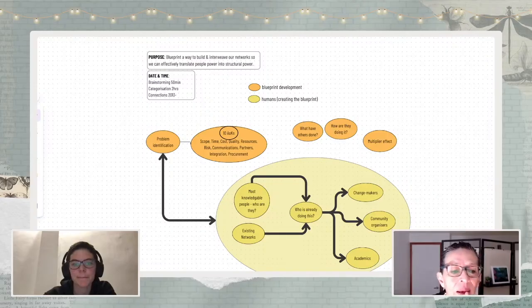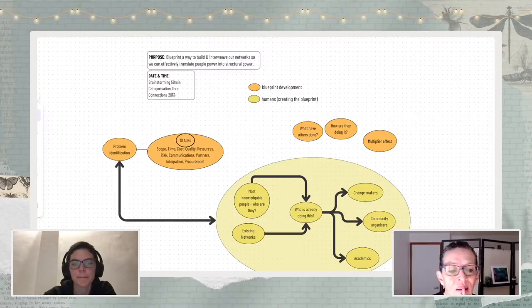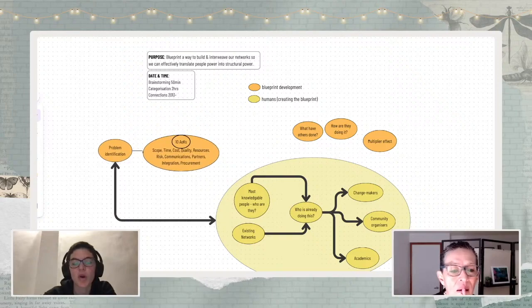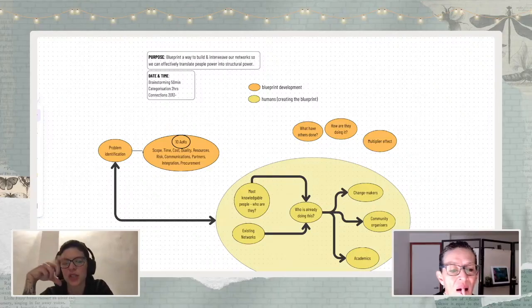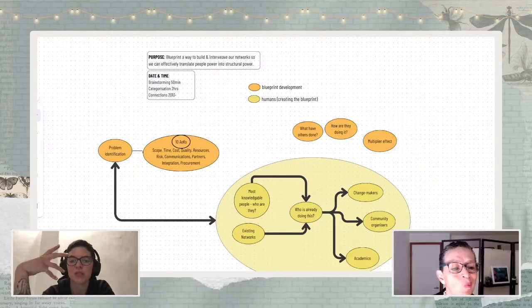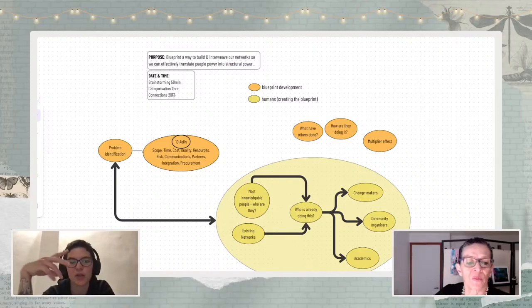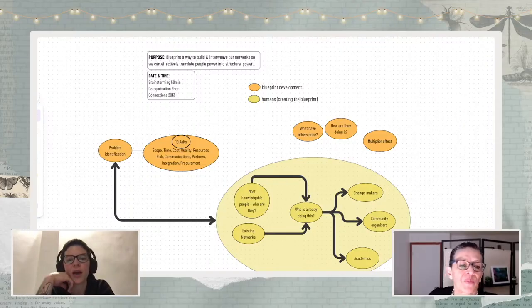I am still a little bit confused with what have others done. Well, I think that is part of the process of the research and talking to different people, because who is already doing this might be sort of a present take, who is actively working in these spaces, who is actively implementing strategies around this.